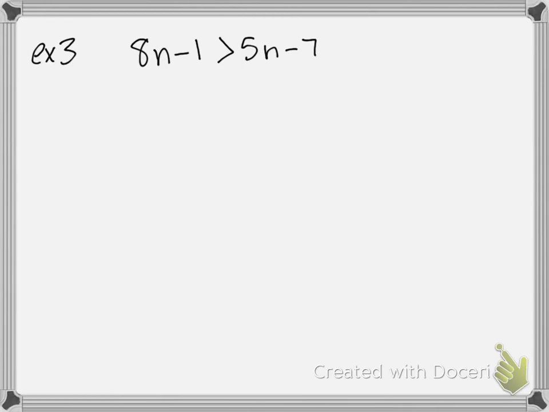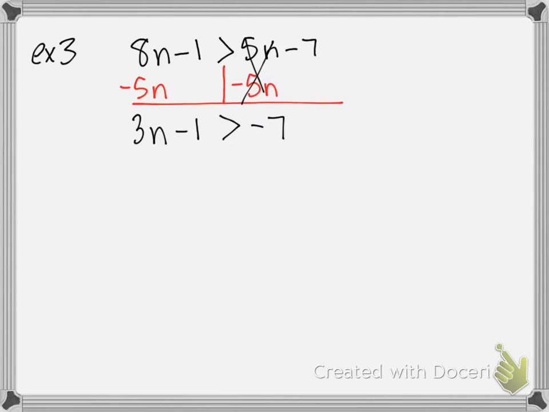So I'm going to move this 5n first. That's what my first step is going to be. I'm going to do that by subtracting 5n. And remember, just like the x's, line up your n's in this case. And we get 8n minus 5n, and we get 3n minus 1. Our symbol doesn't change, and we have a minus 7.